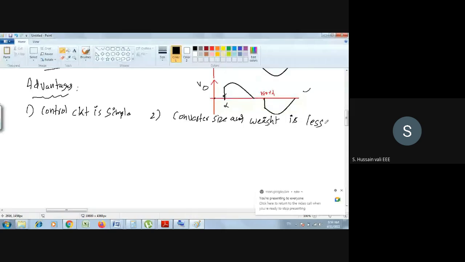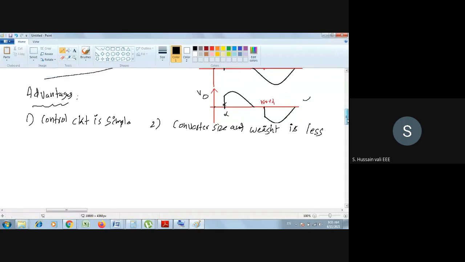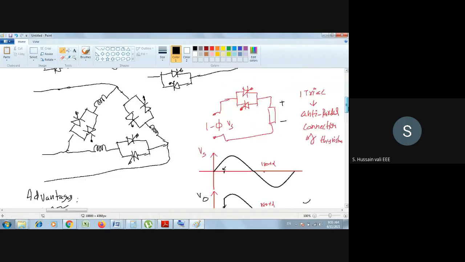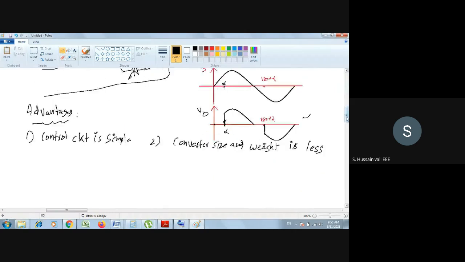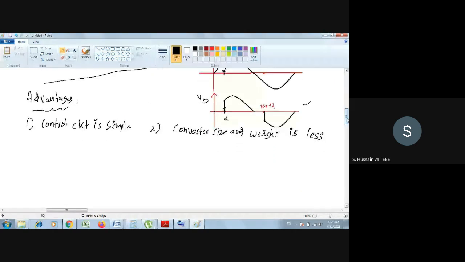Here you have only a few thyristors and the triggering circuits of those thyristors. Even though the power is higher here because it is a three-phase induction motor, the thyristor circuit is comparatively small, and you don't have any other components other than thyristors in the circuit diagram. So the size is less and the weight is also less. That's another advantage.